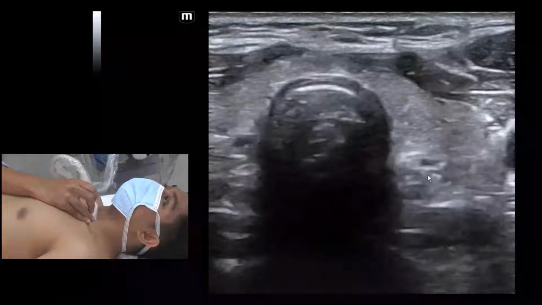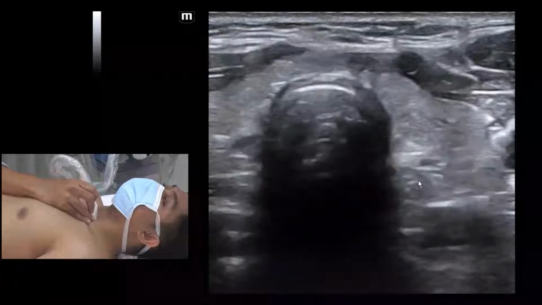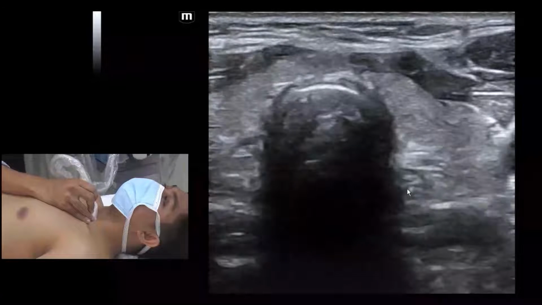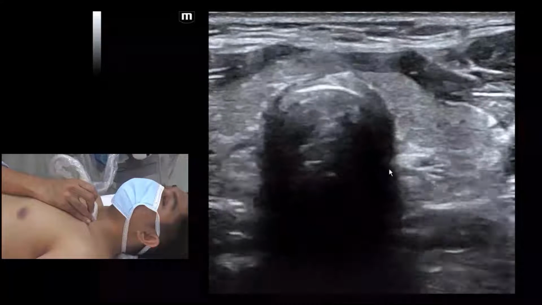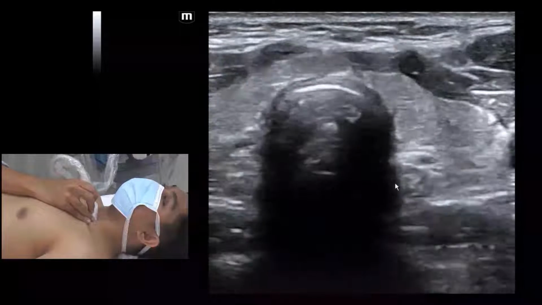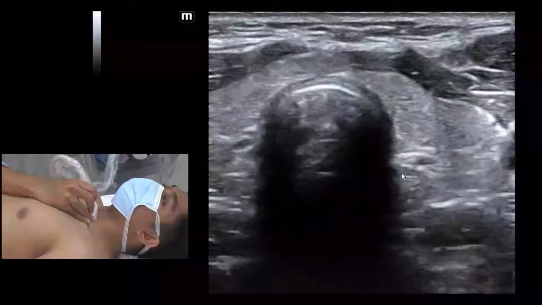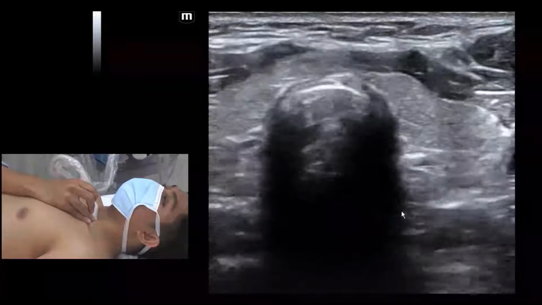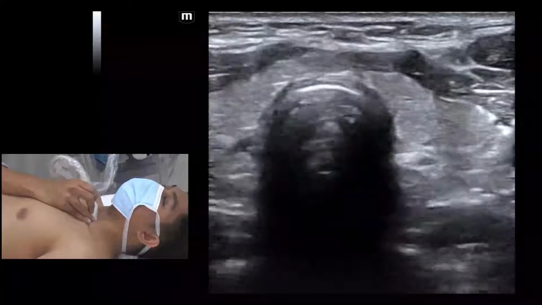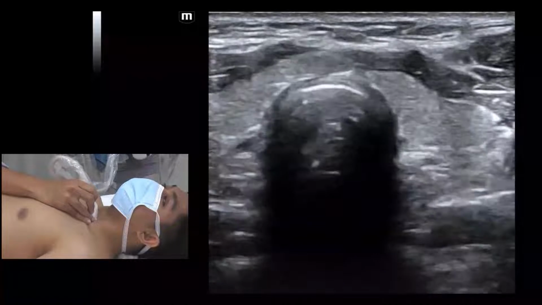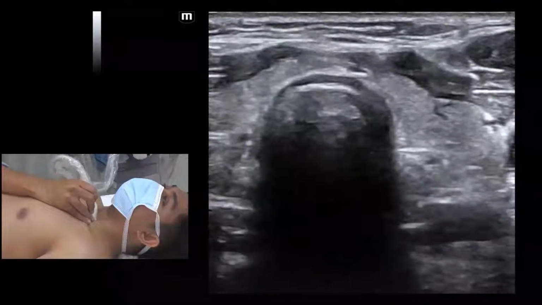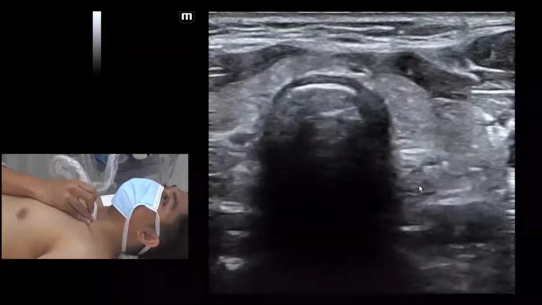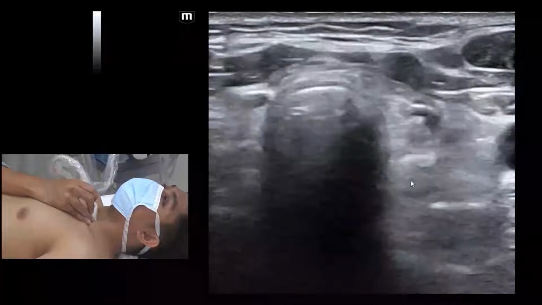Because the esophagus is usually situated on the left side, but sometimes it can be quite difficult to visualize because part of it is behind the trachea, and you're not looking at the whole cylindrical esophageal structure in cross section. So we managed to find it here. So swallow gently.